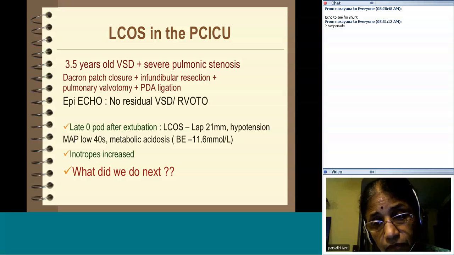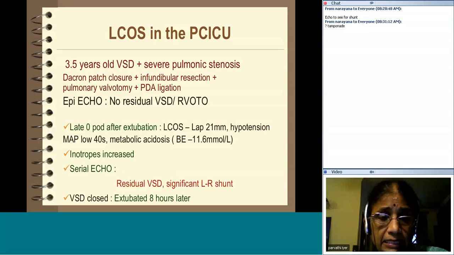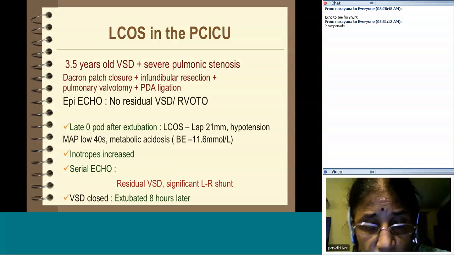Serial echoes showed, initial echoes were normal. Serial echoes showed a significant residual VSD, so they went back to theatre. The VSD was closed. The child was re-extubated 8 hours later and successfully discharged.